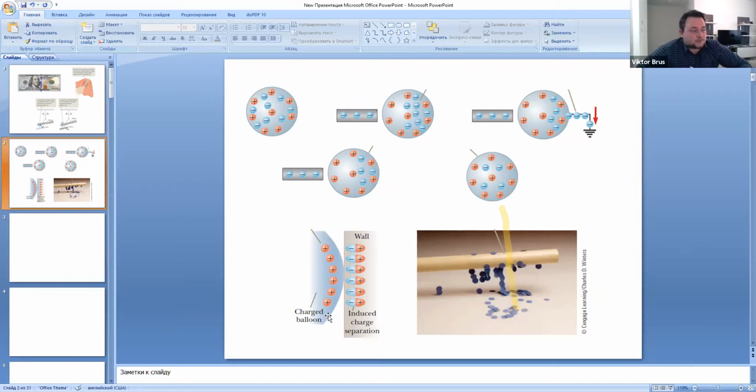Because of this, we have some net negative charge accumulated at the surface of the dielectric, and this is the reason why, because of this polarization effect, we have interaction between charged bodies and initially electrically neutral dielectric materials.